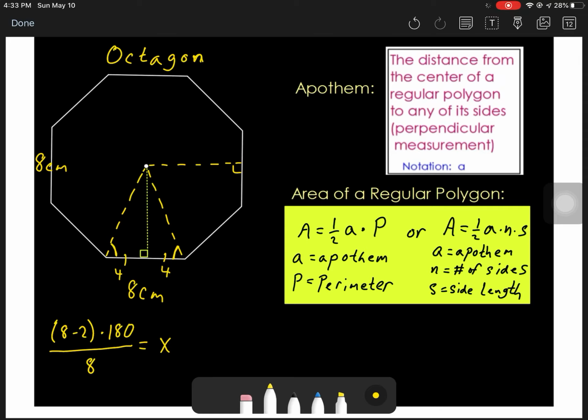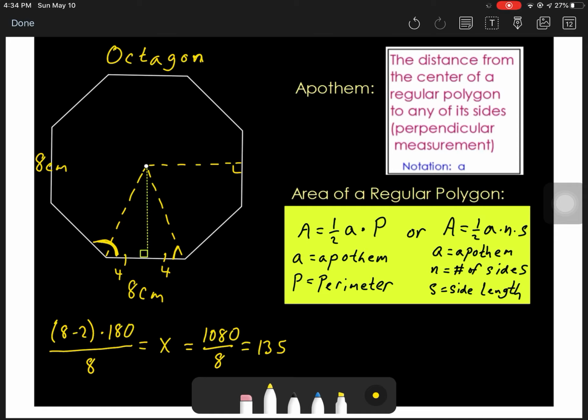So it's 8 minus 2 times 180 over 8. If I type this in my calculator, 8 minus 2 is 6, 6 times 180 is 1080, over 8. Divide that. We get 135.